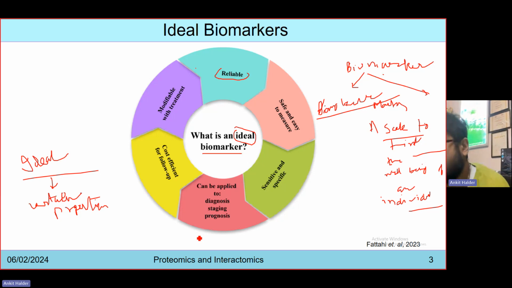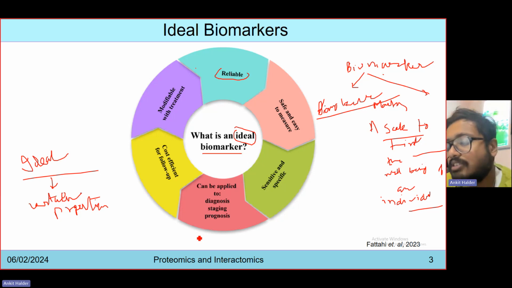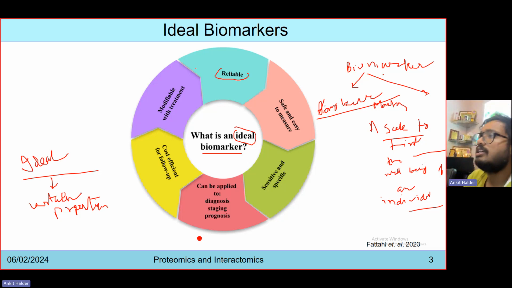So we are not going into the structural properties based or the interaction based studies. So if we just consider the abundance based, the expression based systems, how can we say whether the biomarker is reliable or not?